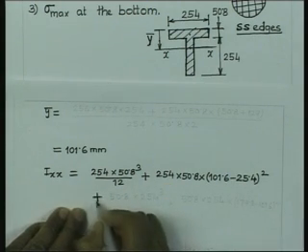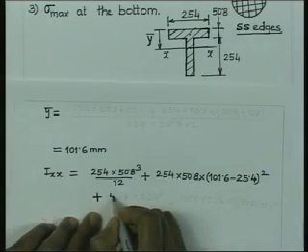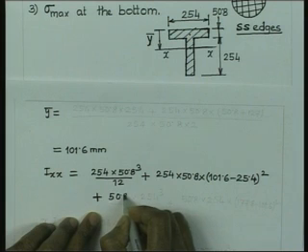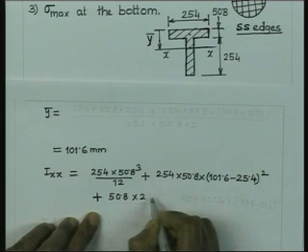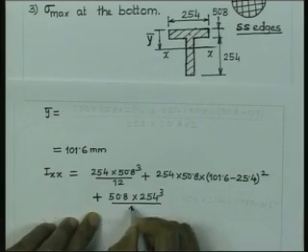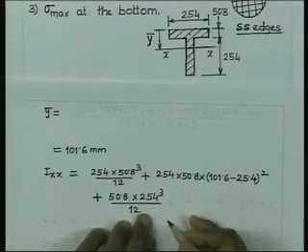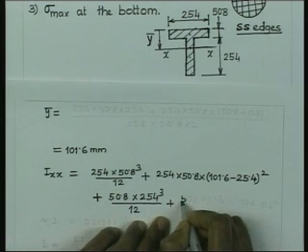Similarly, we can consider the web, which is of thickness 50.8 and height 254. So, BH cube by 12 gives us the moment of inertia about the CG of the web, and then we apply the parallel axis theorem.